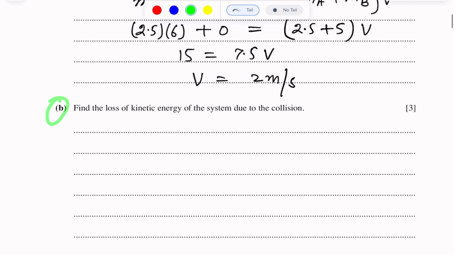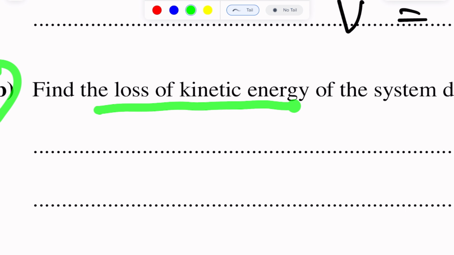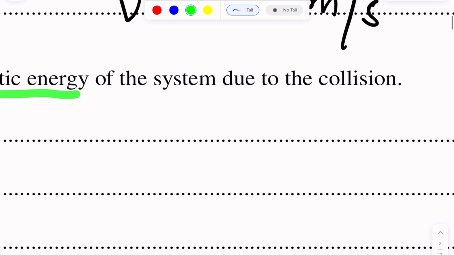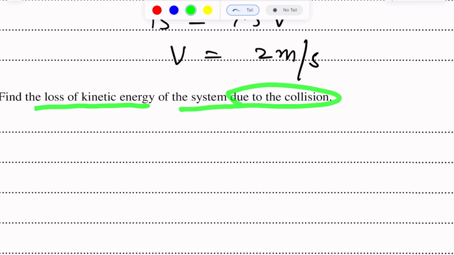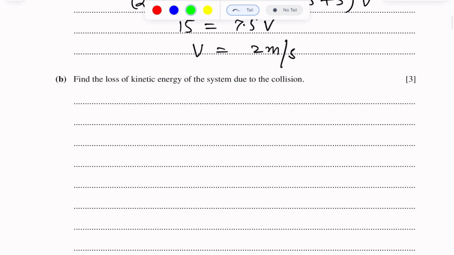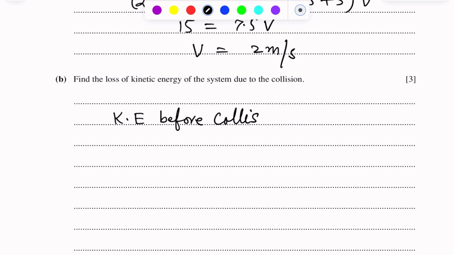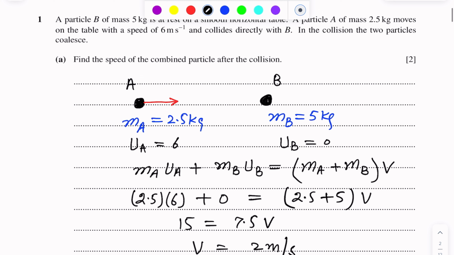Part B of this question is find the loss of kinetic energy of the system due to the collision. So, first we will find the kinetic energy before collision. Kinetic energy before collision is 1 over 2 mv square. Now we will take the speed before collision.